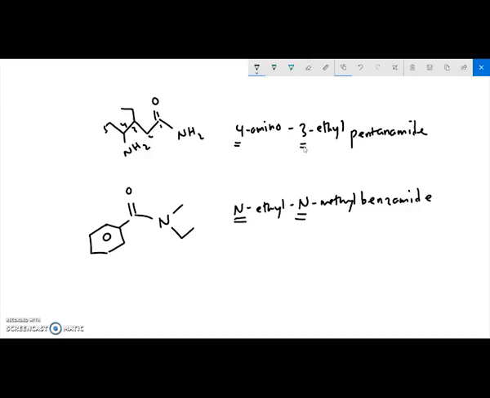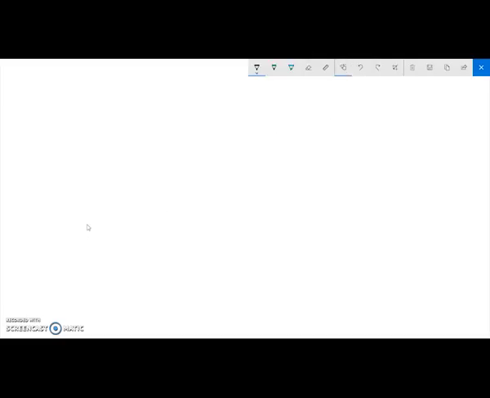So this will conclude the IUPAC naming system for the carboxylic acid derivatives. In summary, the name for a carboxylic acid derivative is derived from the carboxylic acid, which ends up with oic acid. So if it is an acyl halide, it will end up as oyl halide.